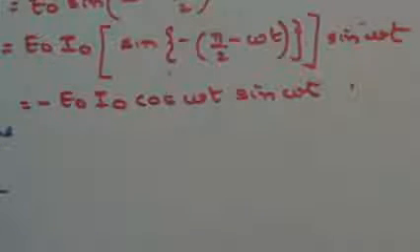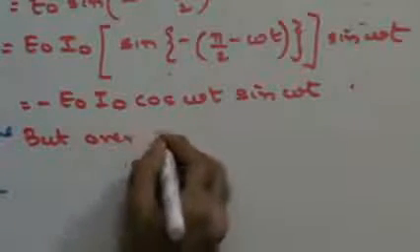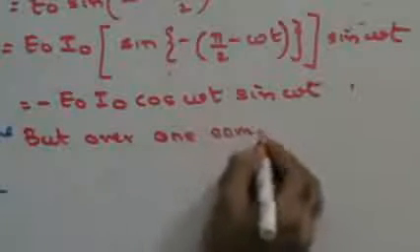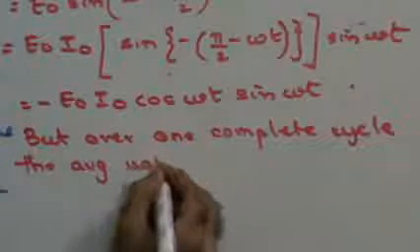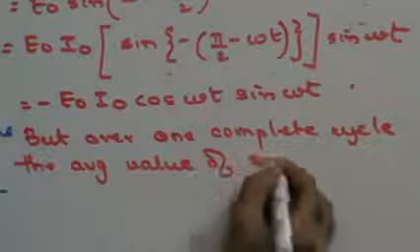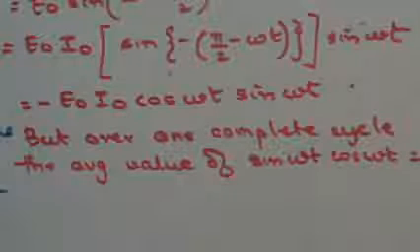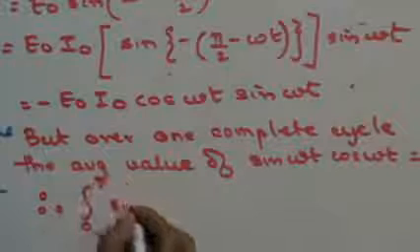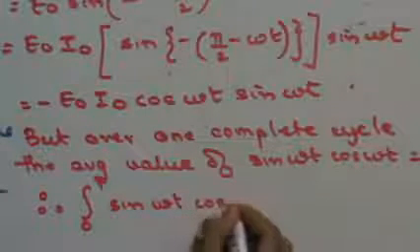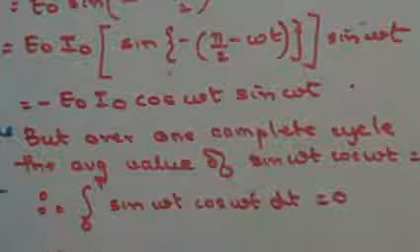But over one complete cycle, the average value of sine omega t into cos omega t is 0, right? In which case I can therefore say that integral of 0 to T sine omega t cos omega t dt is 0, right? Now let's find out the average power.